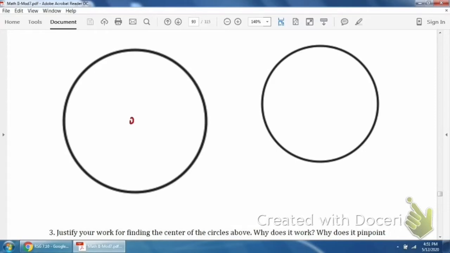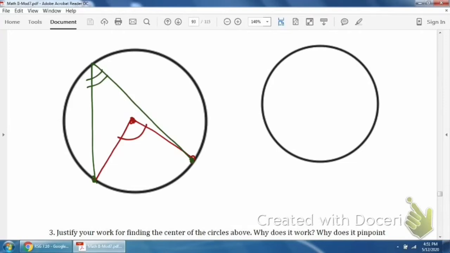Okay, so let's again say this is the center. If we made a central angle like this, so an angle where the vertex is in the center of the circle, that's what a central angle is. Any central angle has a special relationship to an inscribed angle.